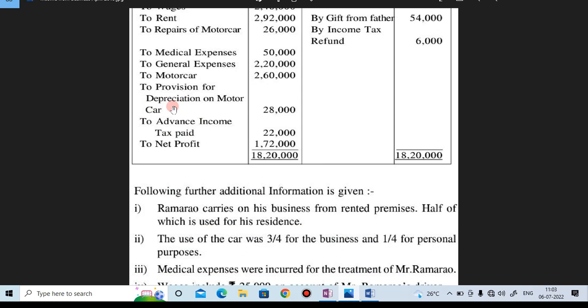After provision for depreciation on motor car, next is advance income tax paid, 22,000. Even advance income tax paid is disallowed expenses. Any type of advance income tax paid, wealth tax, income tax is called disallowed expenses.